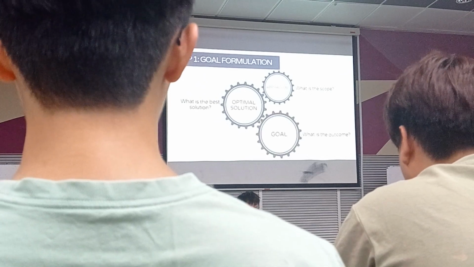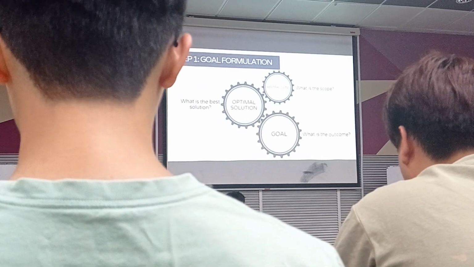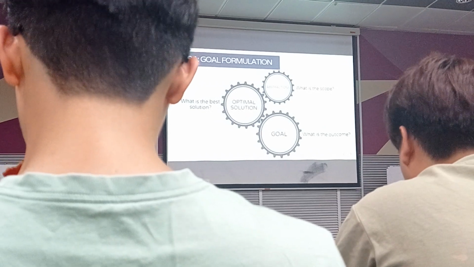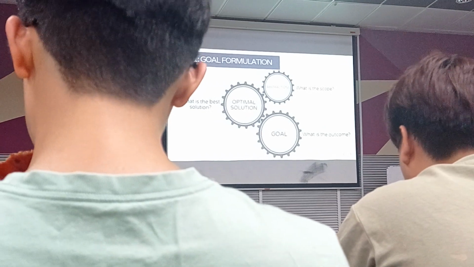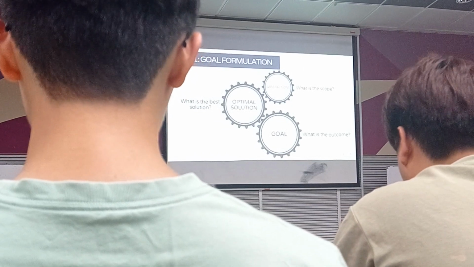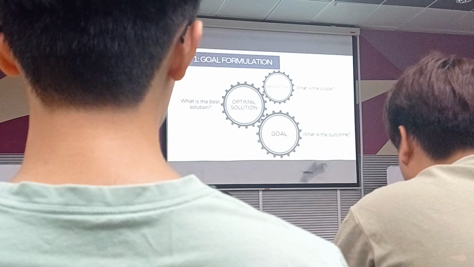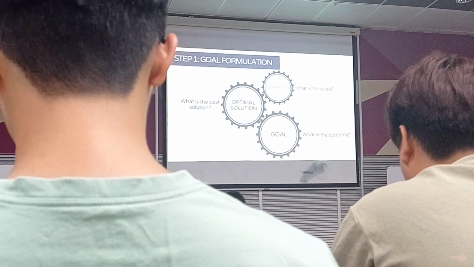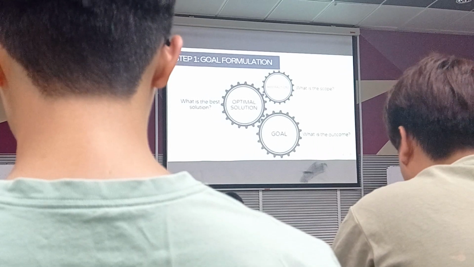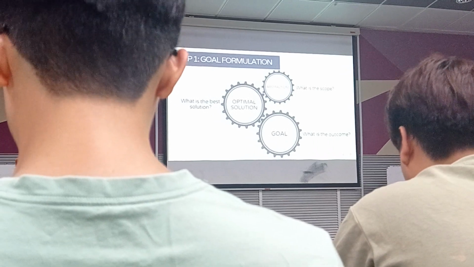Inside the goal formulation, there are 3 very important elements. The first one is the goal. This one is the outcome. What is your destination? You have to identify it. From now onward, everything defined here is not only for you, it is for the agents, for the machine, to find the optimal solution based on the information that you key in.